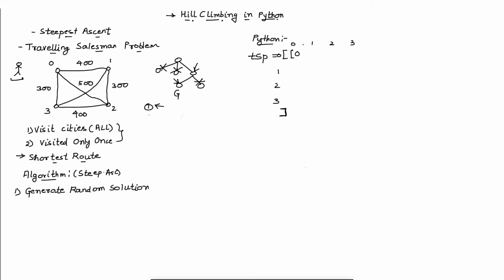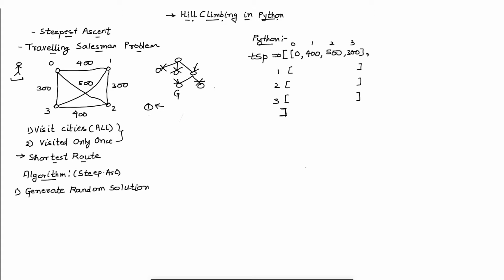From 0 to 1, you can see the route length is 400, right? So I'm going to write 0 comma 400, and from 0 to 2 we have 500, and similarly from 0 to 3 I have 300, right? So this is going to be my first list, which represents the first row, and similarly we can use the same strategy to develop all the rows, and this is how we are going to generate the problem space, right?